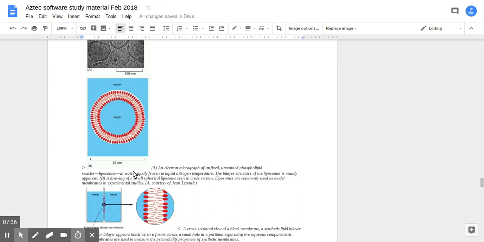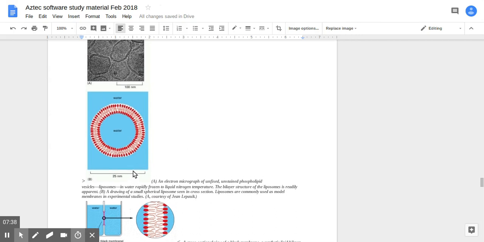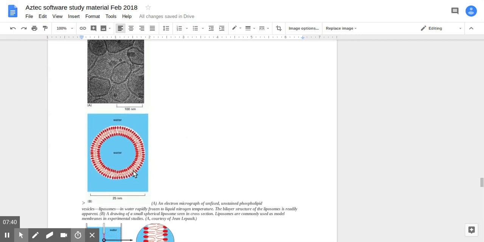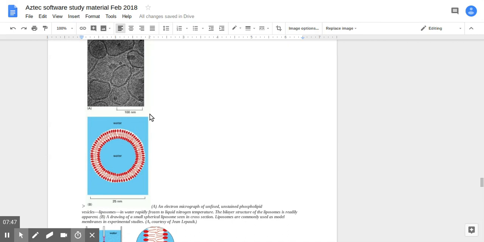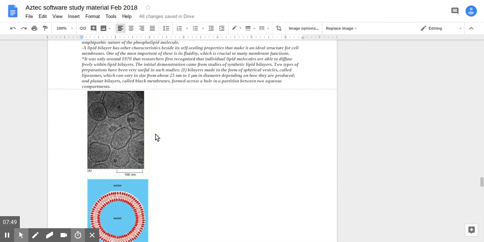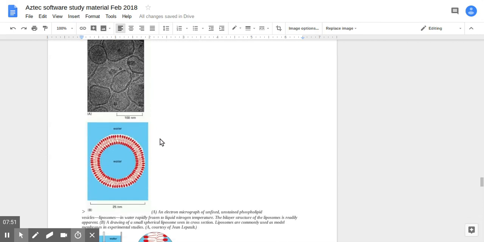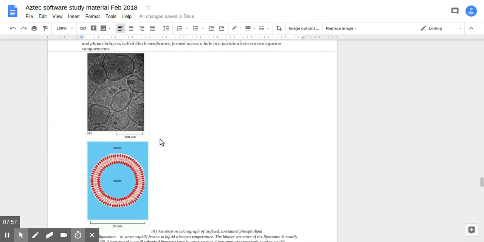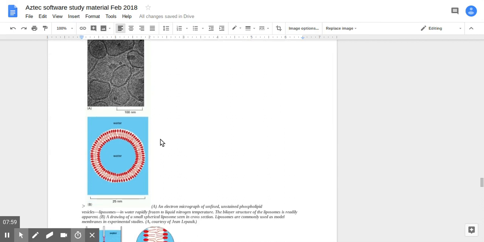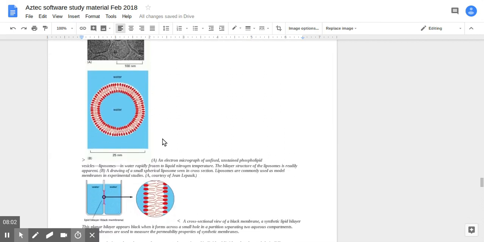So here you have an electron micrograph of an unfixed, unstained phospholipid vesicle and a drawing of a small spherical liposome, which is the same thing in cross-section. Liposomes are used as model membranes in experimental studies. So they're like vesicles.